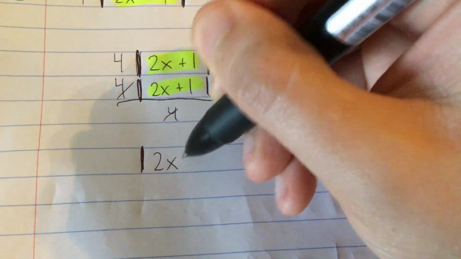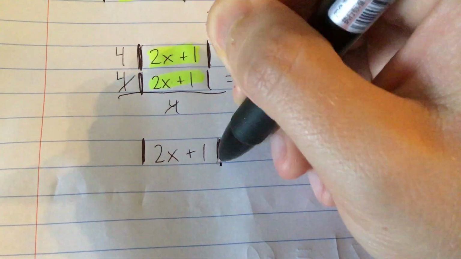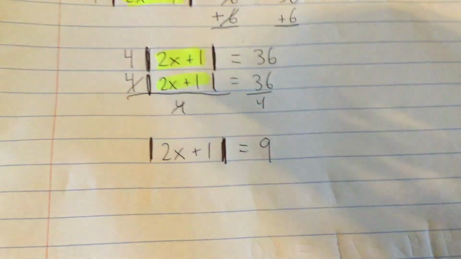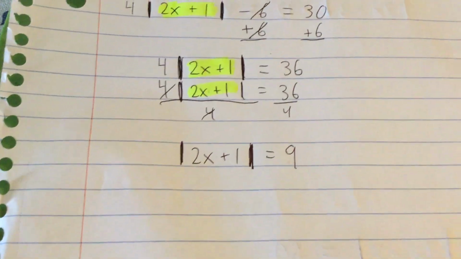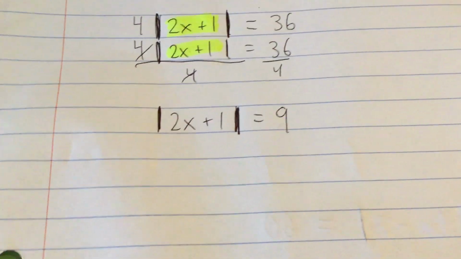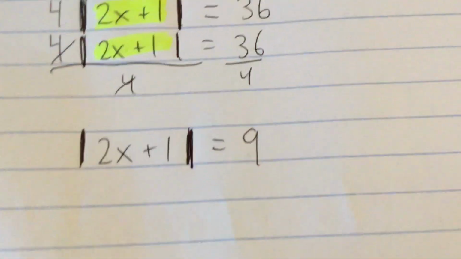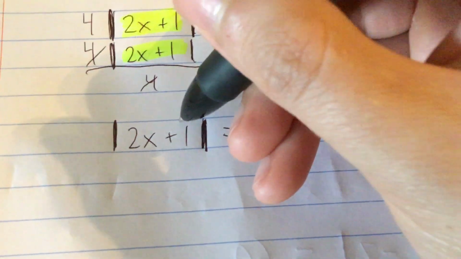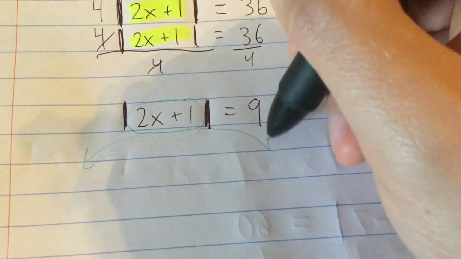So now I get the absolute value of 2x plus 1 is equal to 9. Is this problem solvable? Yes, the bars are isolated. It equals a positive output, so I'm going to split this into 2 separate equations.